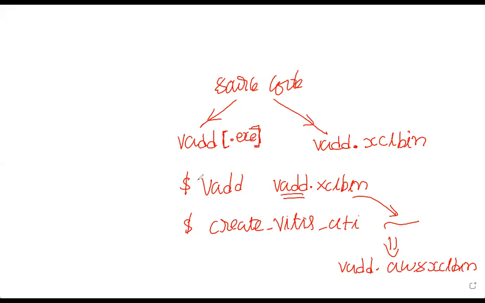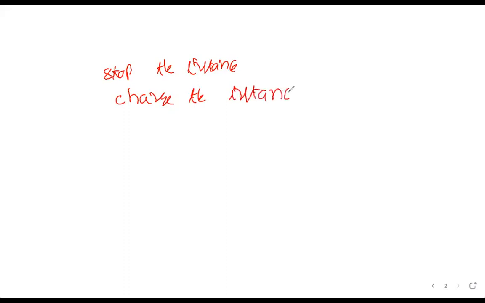So all these steps you do using the M2 instance that you are working with. And after this file gets created, you stop the instance and then change the instance type to F1 instance.